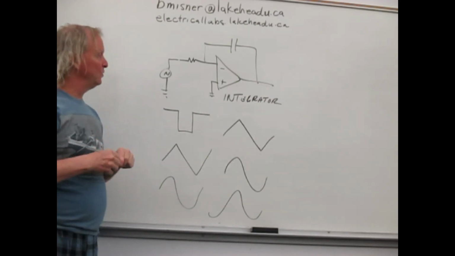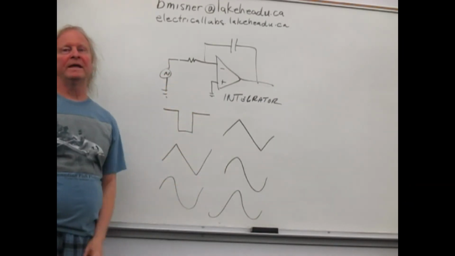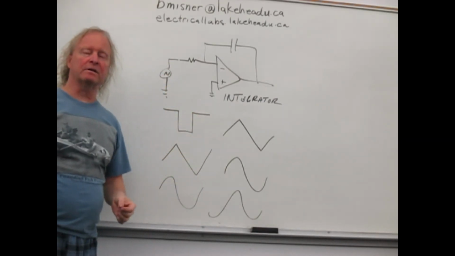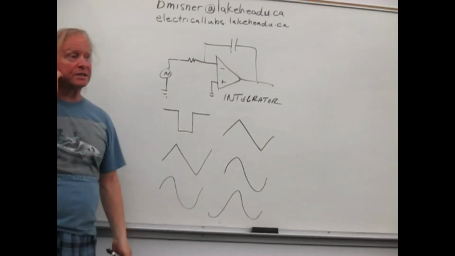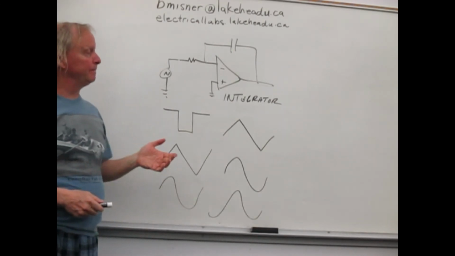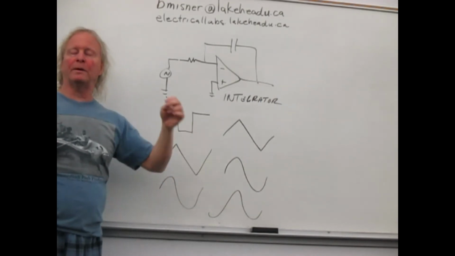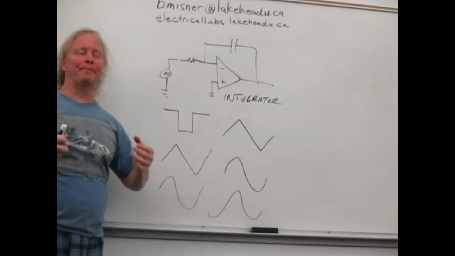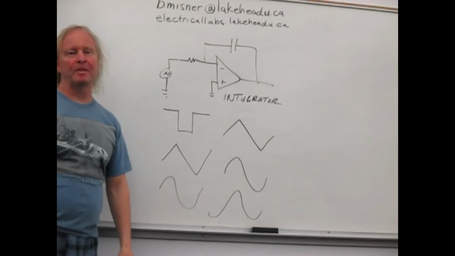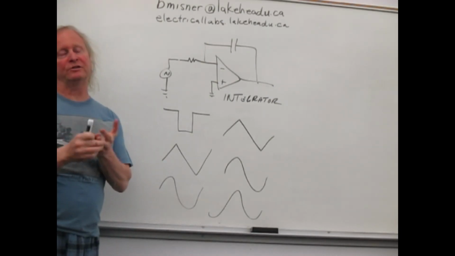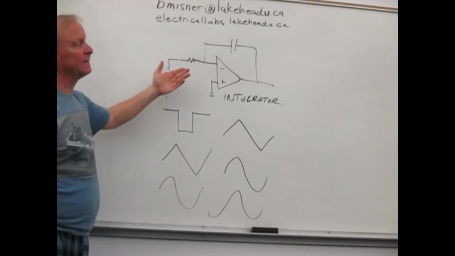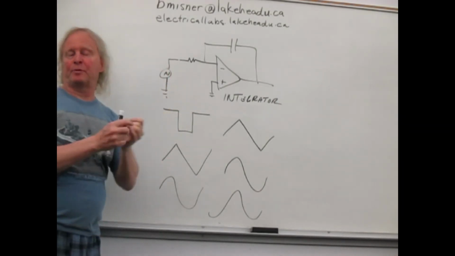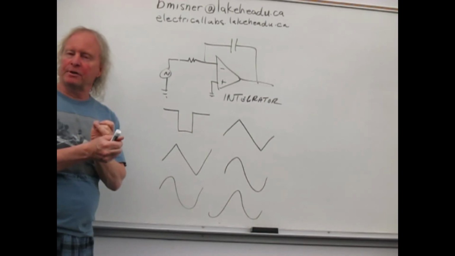But what these are for is that in your next year, you're going to take a course called control systems. And in control systems, the main way to control a process is a PID controller: proportional, integral, and derivative. That's all of these different circuits. The proportional would be the inverting or the non-inverting.